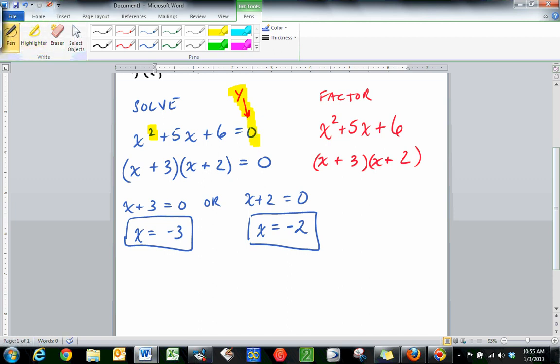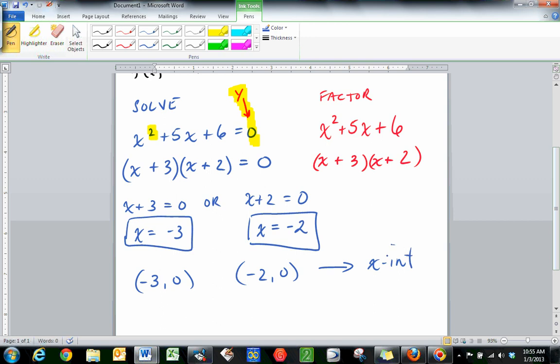So what this means is that any time that the y is equal to 0, x can equal -3, which would be the point -3, 0, as well as x could equal -2. So we also have the point -2, 0.